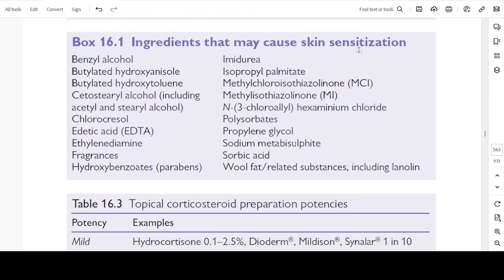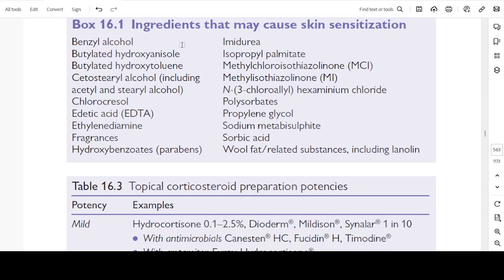Box 16.1. Ingredients that may cause skin sensitization: benzyl alcohol, butylated hydroxyanisole, butylated hydroxytoluene, cetostearyl alcohol including cetyl and stearyl alcohol, chlorocresol, edetic acid, EDTA, ethylenediamine, fragrances, hydroxybenzoates, parabens, imidurea, isopropyl palmitate, methylchloroisothiazolinone MCI, methylisothiazolinone, N-(3-chloroallyl) hexaminium chloride, polysorbates, propylene glycol, sodium metabisulfite, sorbic acid, wool fat or related substances including lanolin.